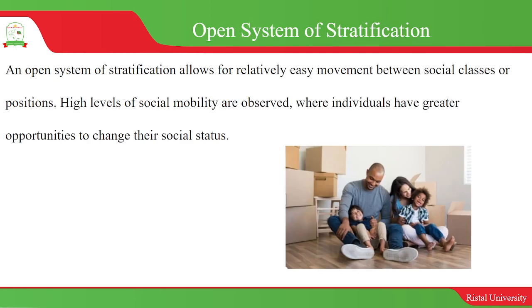With the open system, it's very easy for you to get opportunities, work, and move to a higher level of social class. Okay, so it is relatively easy. Okay, so the opportunities are abundant, and if you really strategically place yourself, you can have a better life. That is an open system.